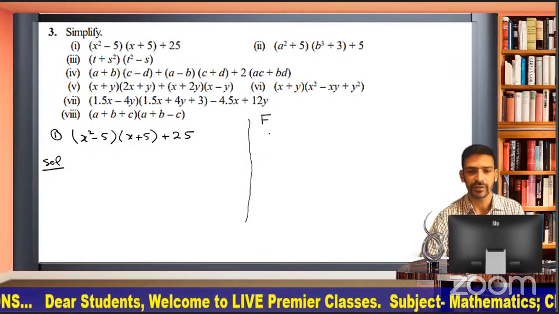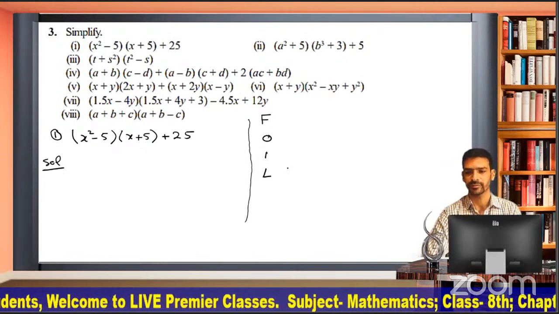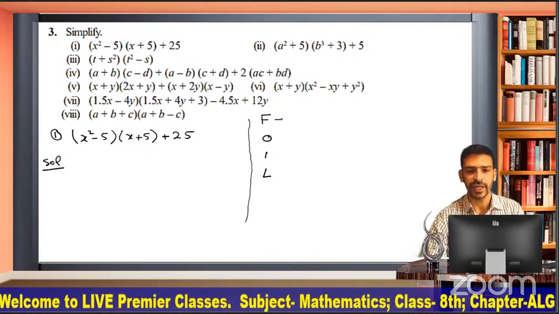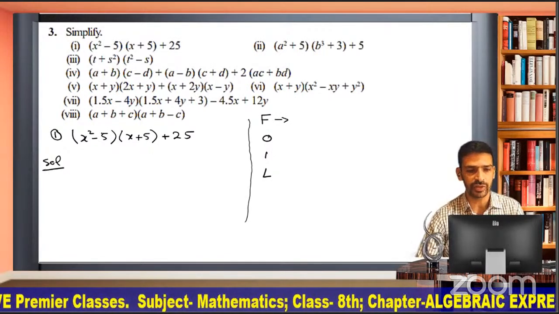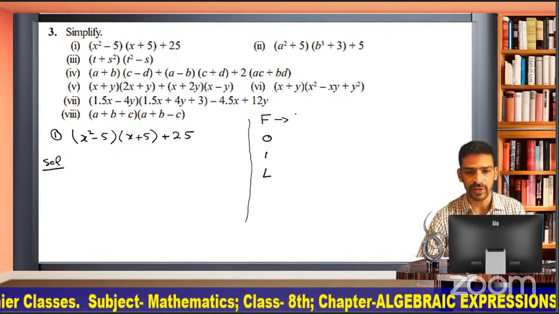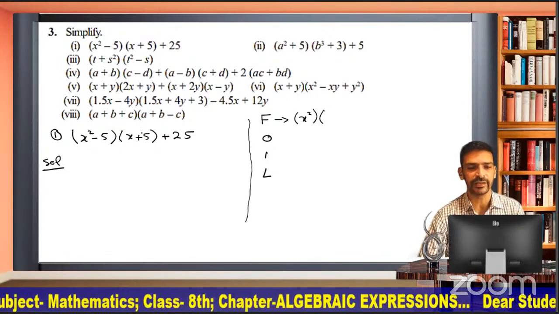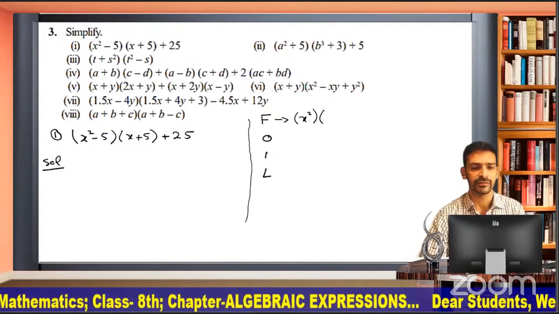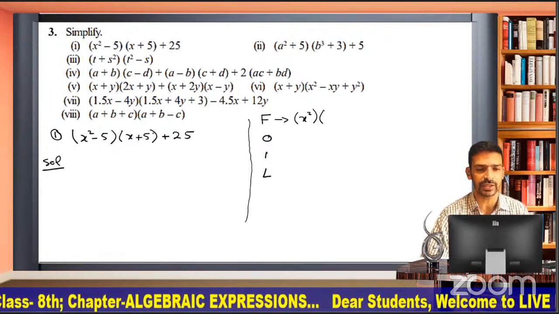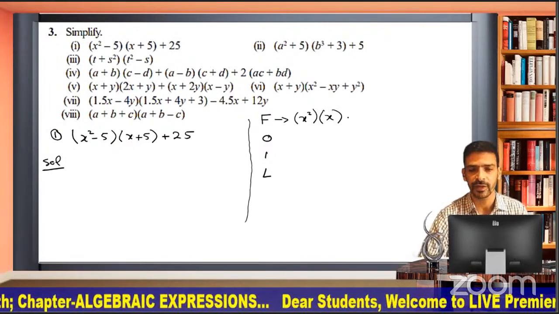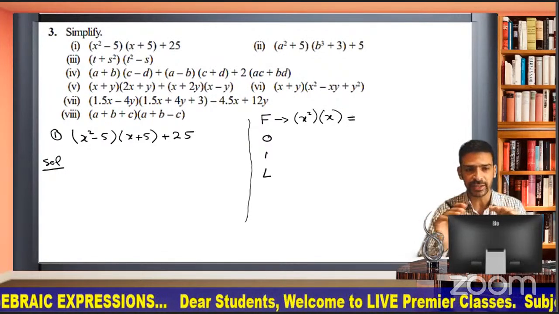F, O, I, and L. F stands for the first terms of both expressions. So we have here x square. So find product of x square and the first term of this expression, this is x. x square multiplied by x. You see bases are same.